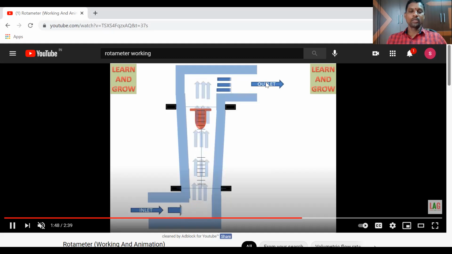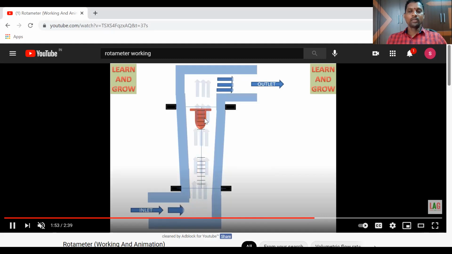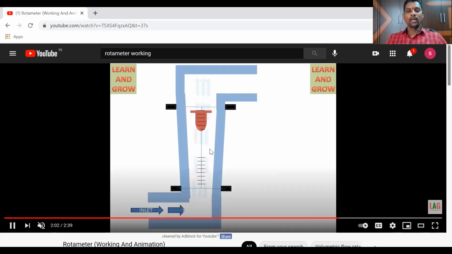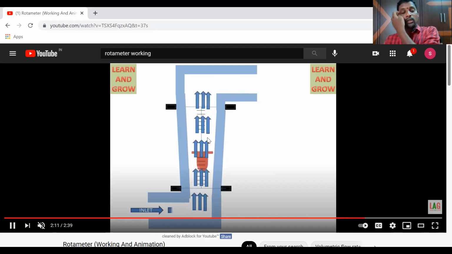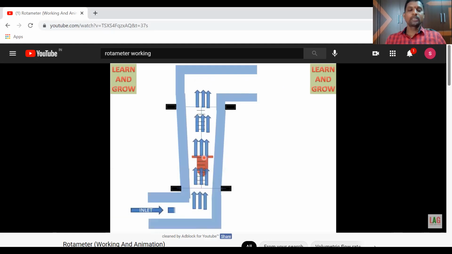When the quantity of fluid is reducing, if there is less fluid moving slowly and gradually, so the quantity is less and the velocity is less, therefore the bob or float moves downward. Accordingly, you can see the meter reading on the graduated scale.